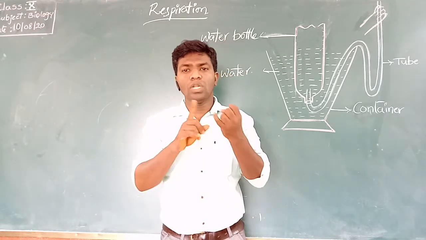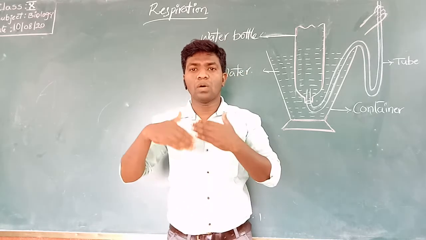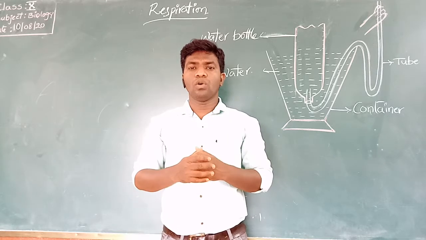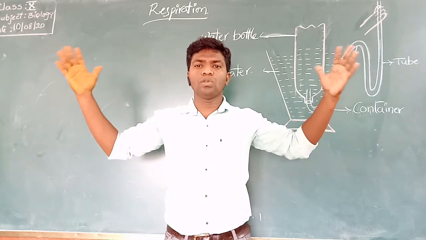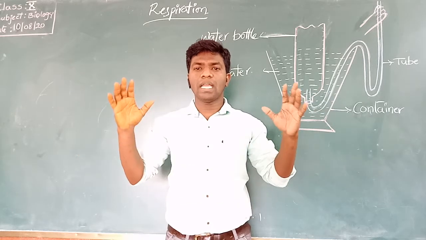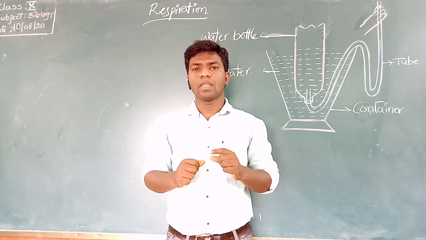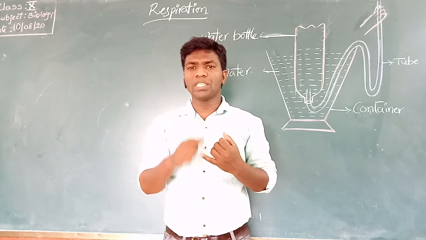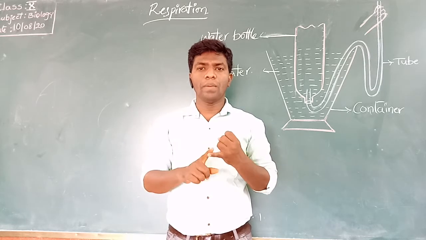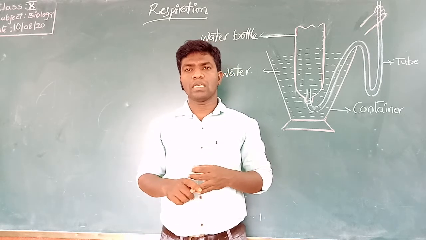Uni means single, multi means more than one. Our body, animal bodies and plant bodies are made up of a huge number of cells. But there are single-celled organisms. Protozoan organisms are unicellular, for example amoeba and paramecium.